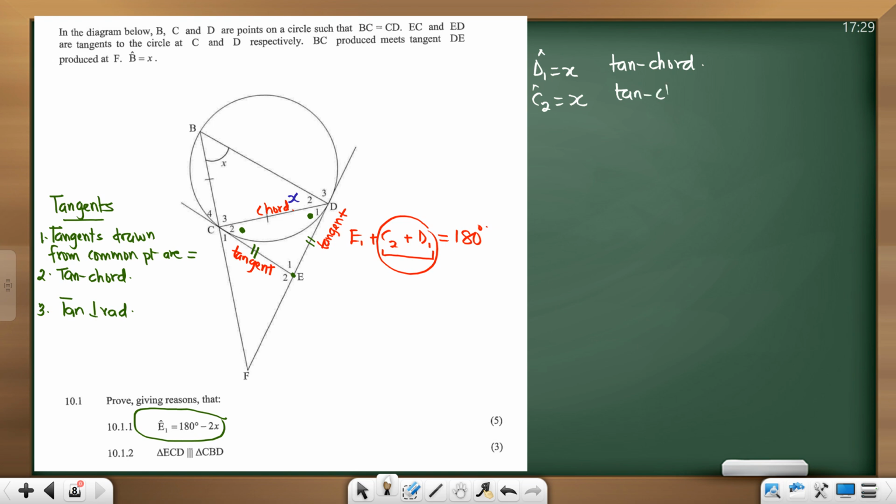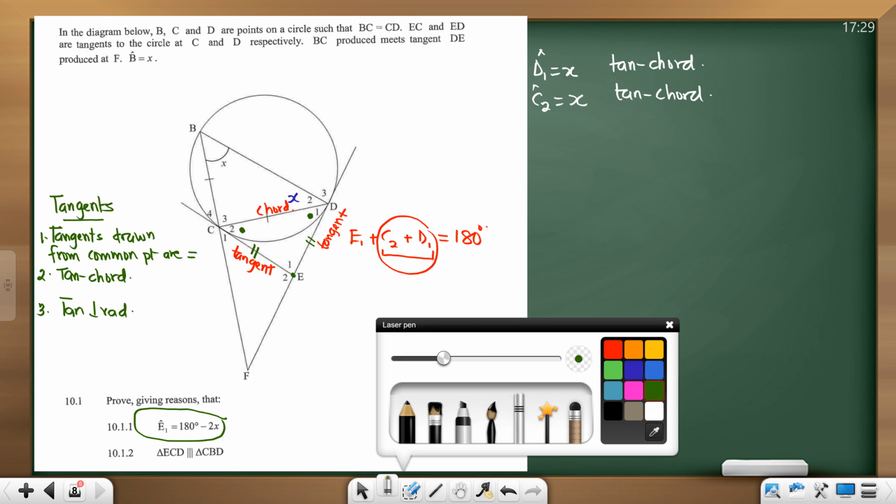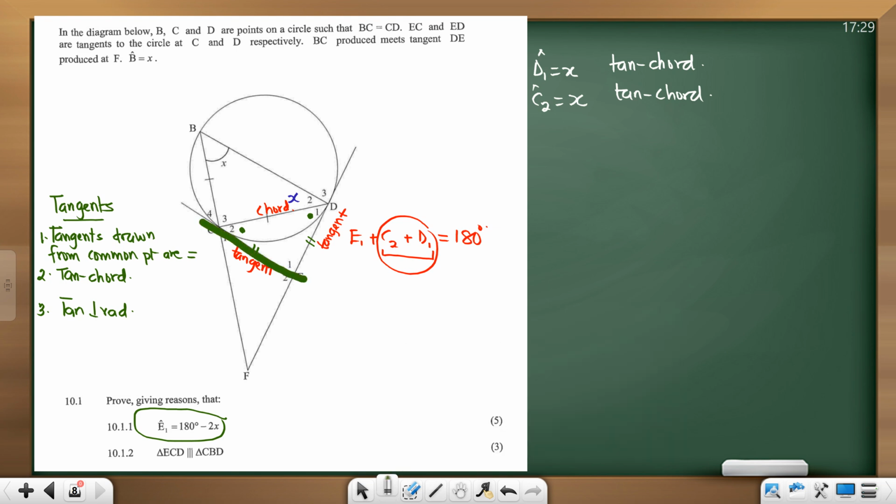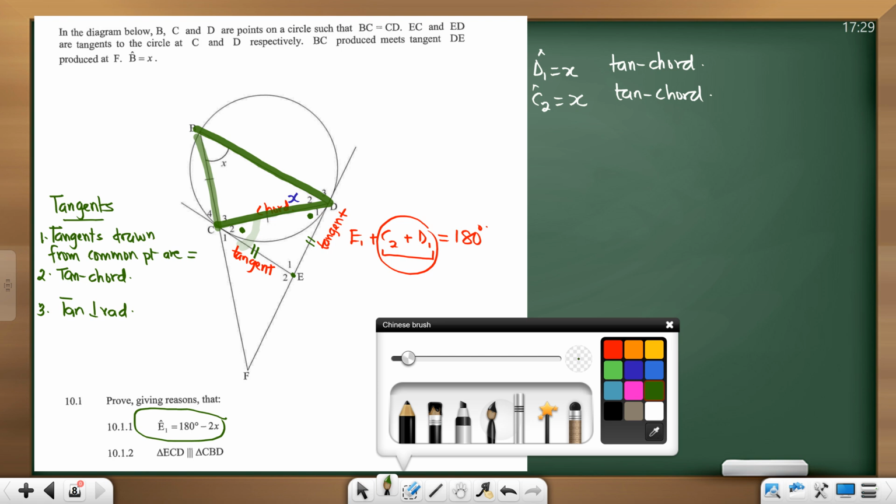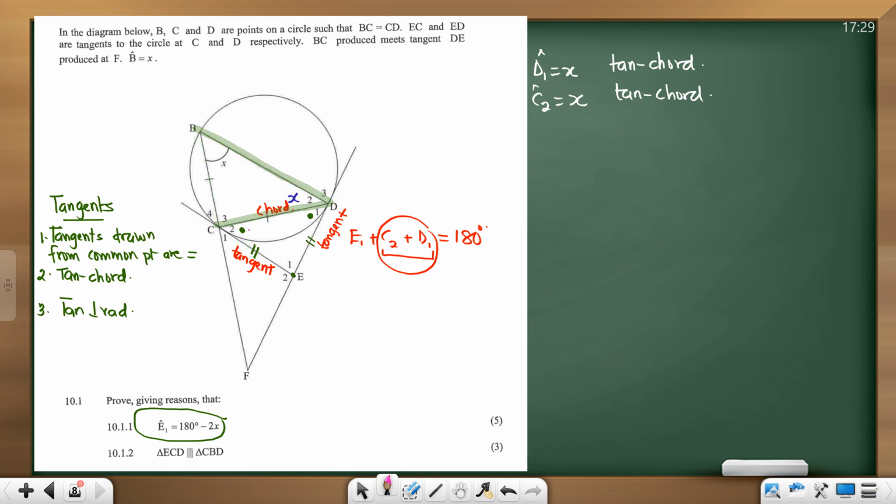Tan chord. Let me show you. I just saw that. So I have many options. Tangent and a chord, angle between them. It's the same chord CD. Oh, CD goes to X. So I am done with this question, X.